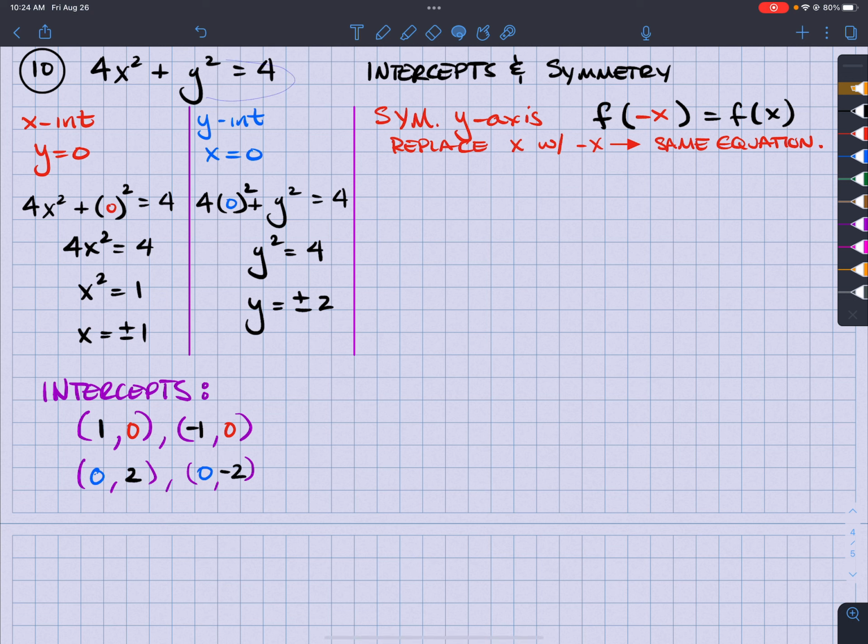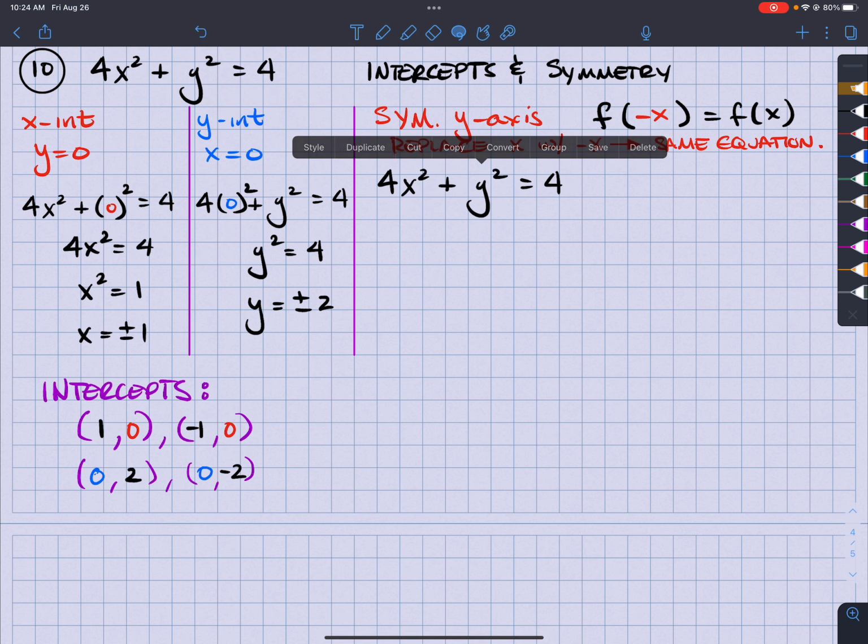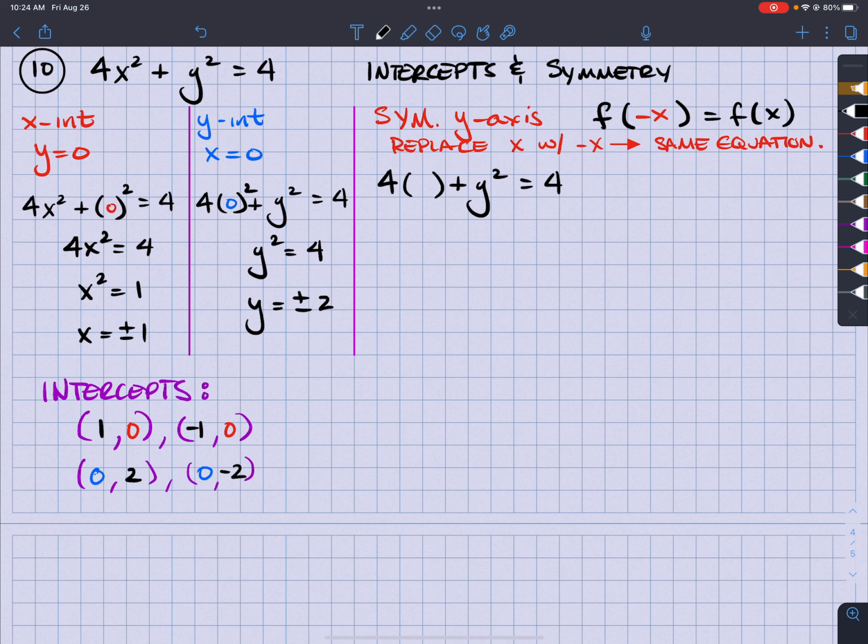So again, here we go. I'm going to replace the x with negative x. What do I have? Oops, forgot the squared here, sorry.